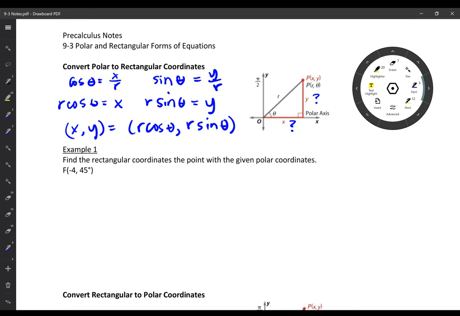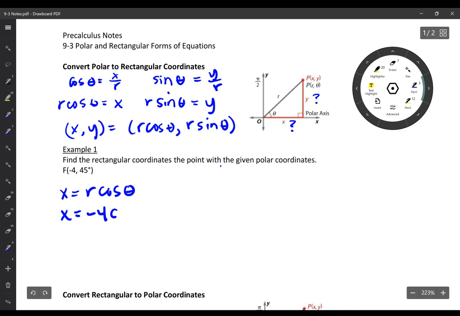In example 1, we are going to find the rectangular coordinates because we have polar coordinates. This says -4, 45 degrees. I'm going to write down that x is r times the cosine of theta, so x equals -4 times the cosine of 45 degrees.